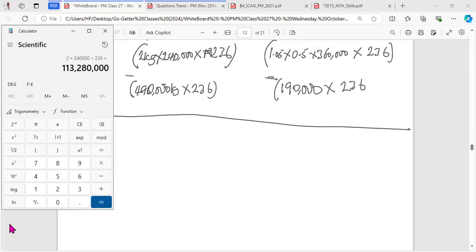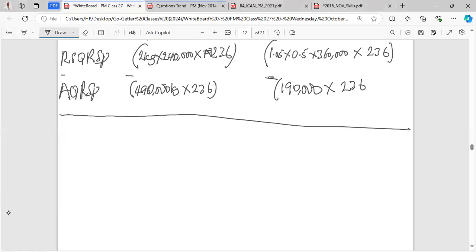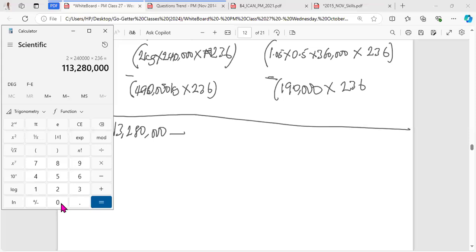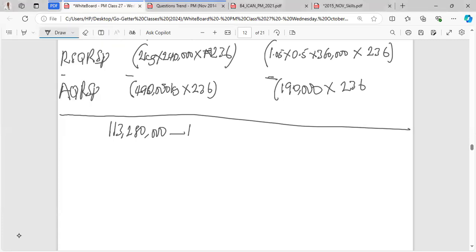That gives you 113,280. 113,280 minus 490 multiplied by 236. 115,640.